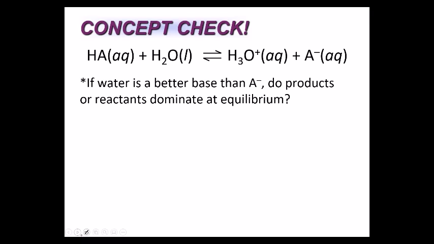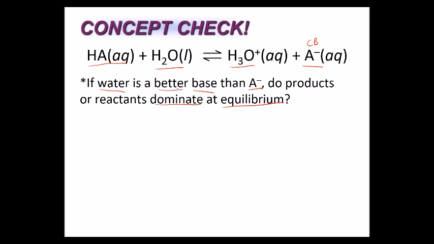All right, looking up here at this generic HA acid, weak acid plus water gives you hydronium and the conjugate base over here. If water is a better base than the conjugate base, do products or reactants dominate at equilibrium? This is another good conceptual idea.